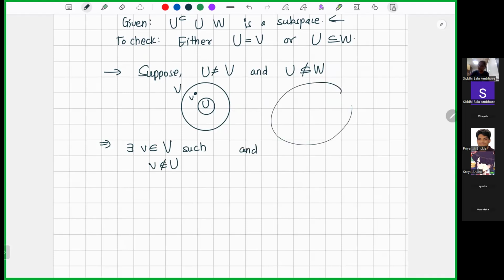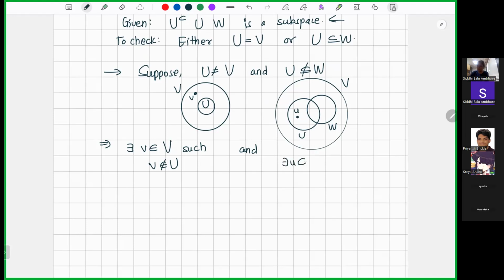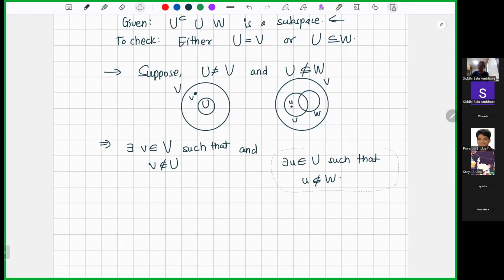And the second condition is like this: my V is a whole set, this is U, and this could be W. And they are saying this U is not completely contained in W. So what they are saying is that there exists some point in U which is not in W. Okay, so this point here is in U, but it is not in W. So this means that there exists u in U such that u is not in W. We are trying to understand what it means.